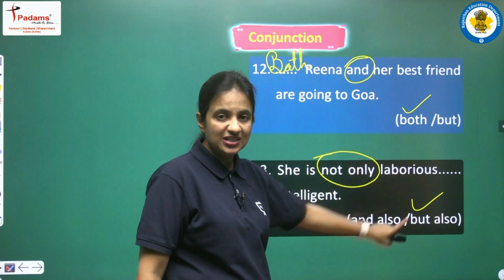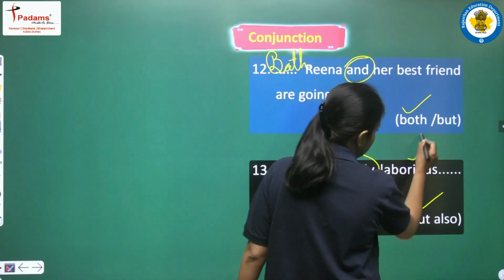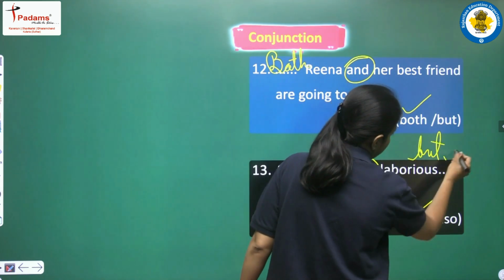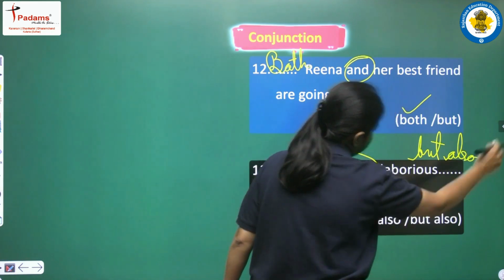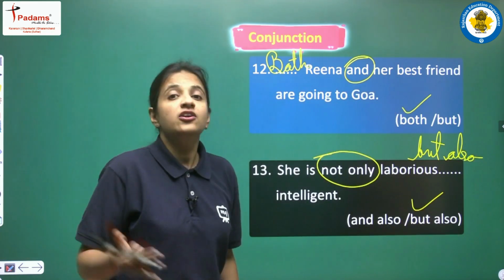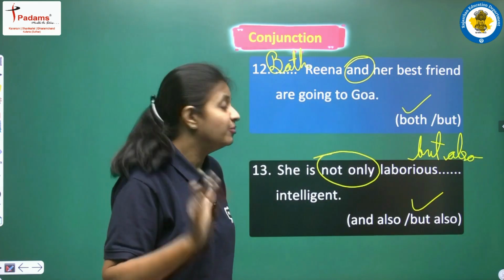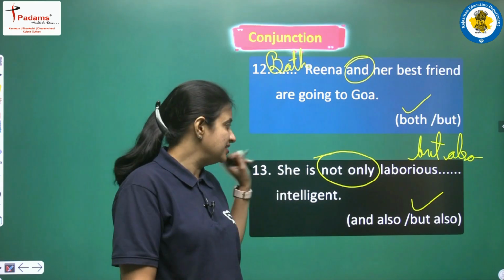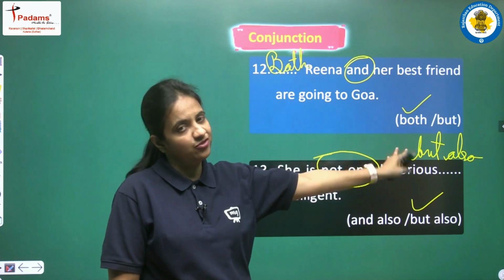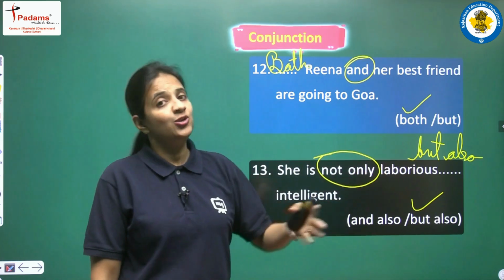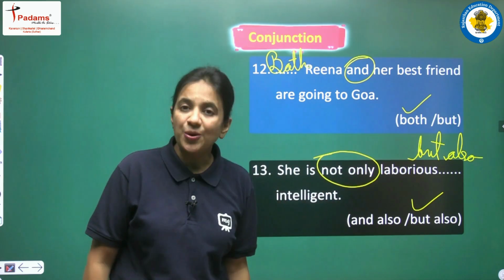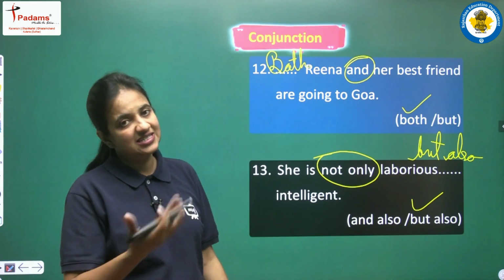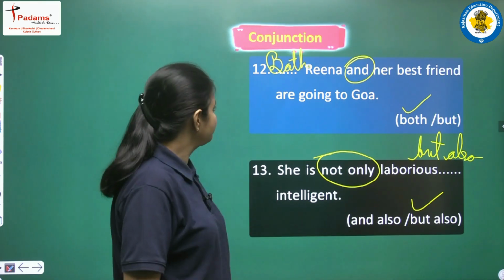So we are choosing this option, but also. And the sentence will be: she is not only laborious but also intelligent. Again students, just look at the structure very carefully, because of the structure only you will be able to find the correct option for the given sentence.